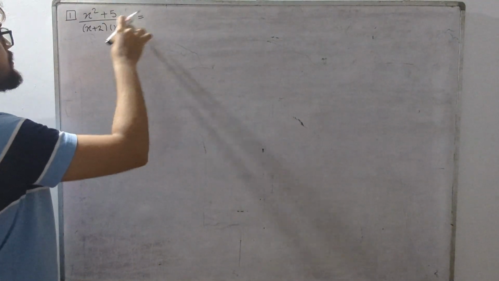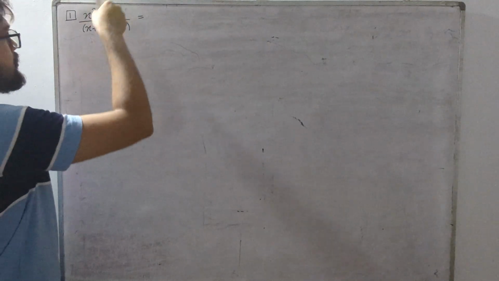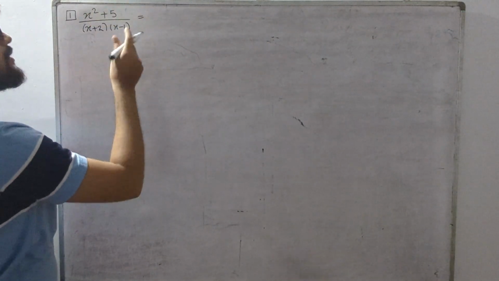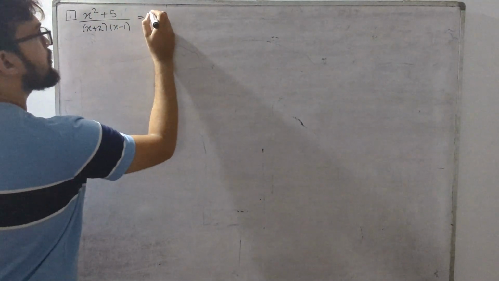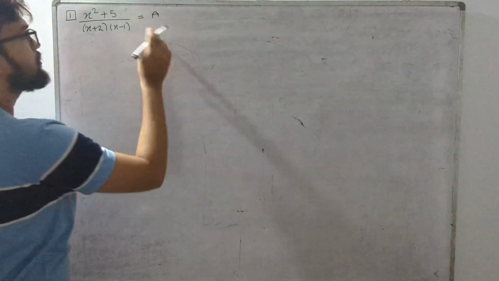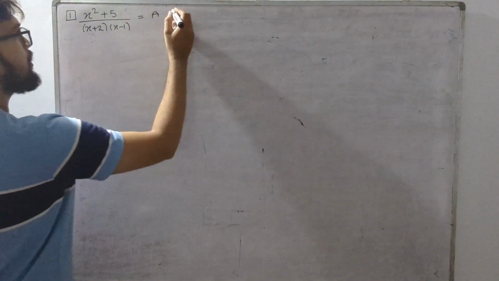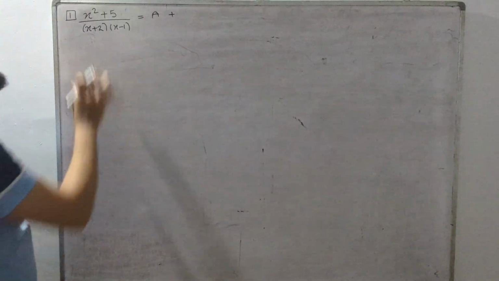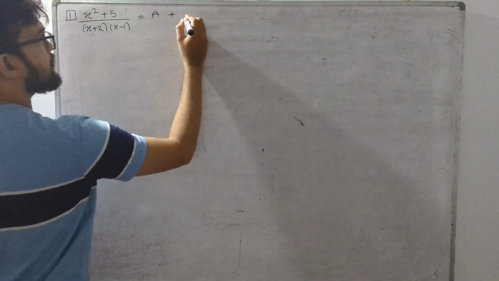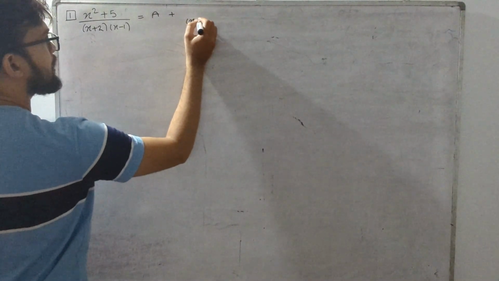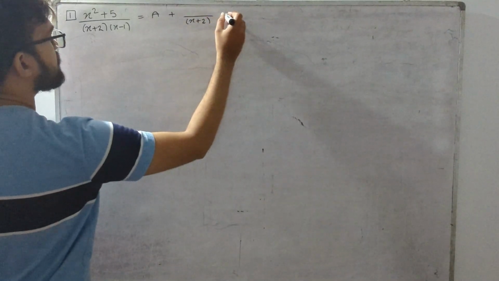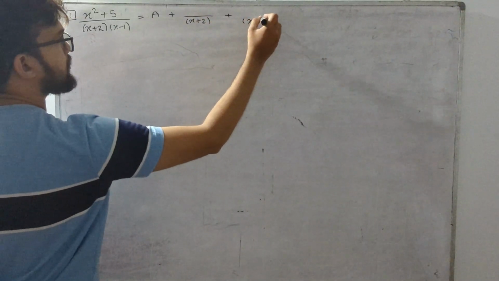So in this section, both degrees are equal, so we should put a constant, initial part A. After that we can separate using the denominator parts, x plus 2 and x minus 1.